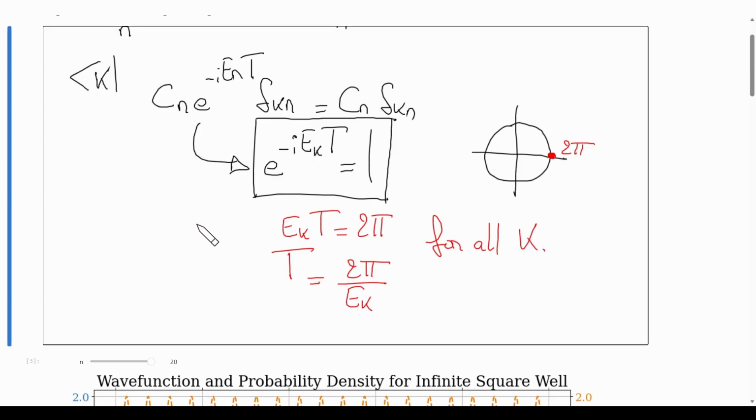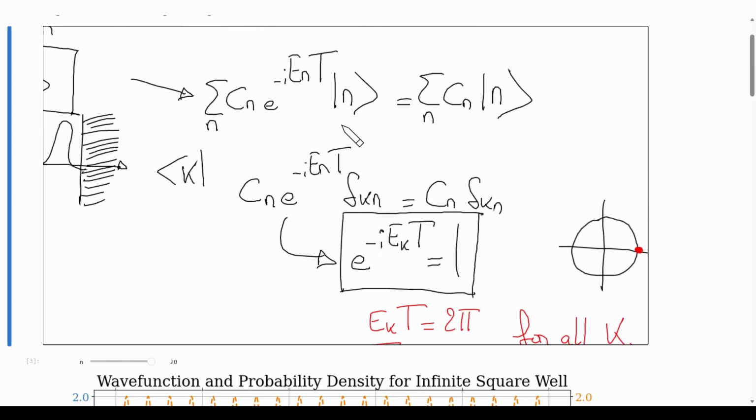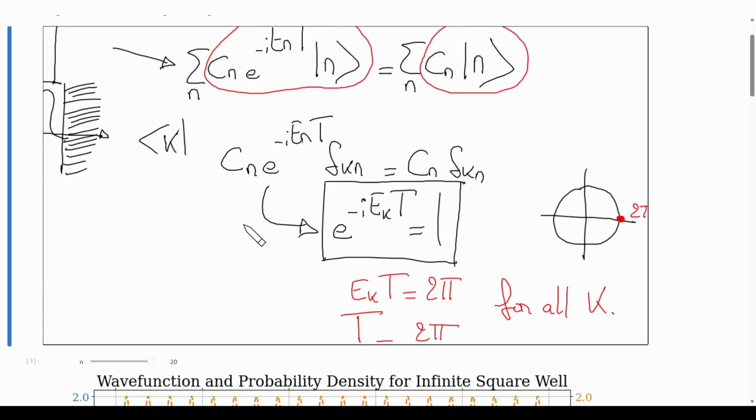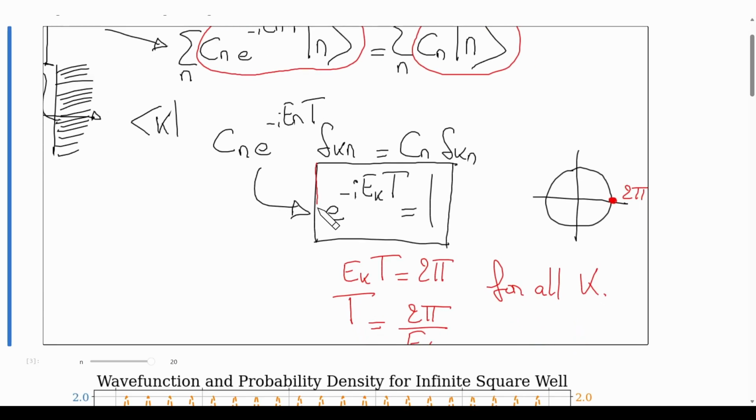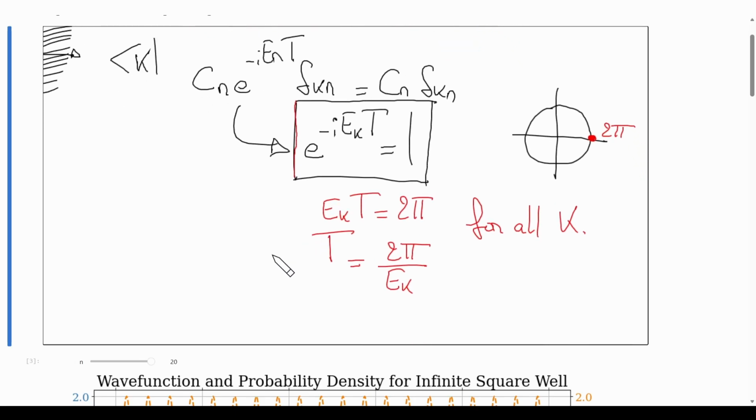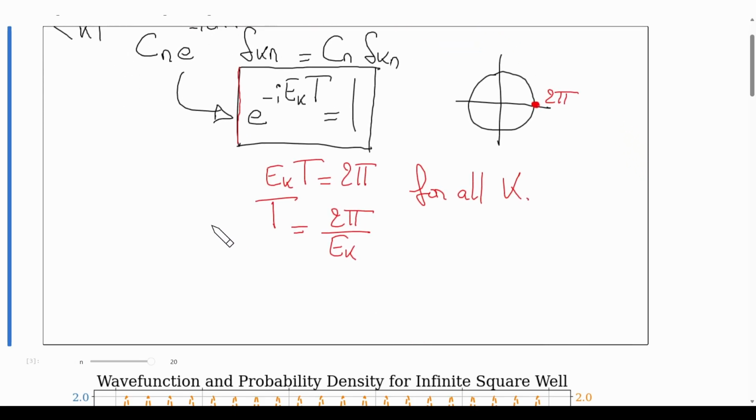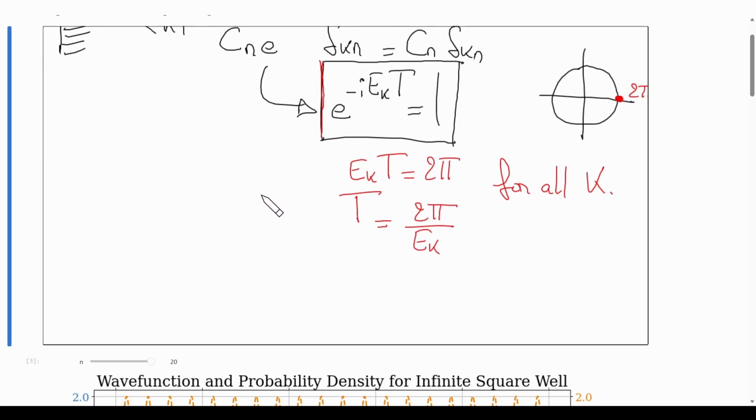That is, for every single eigenstate, there is a time that respects this condition here. And this time is called the revival time.